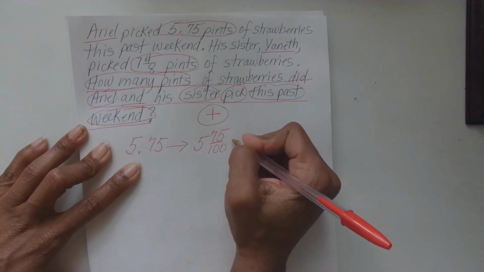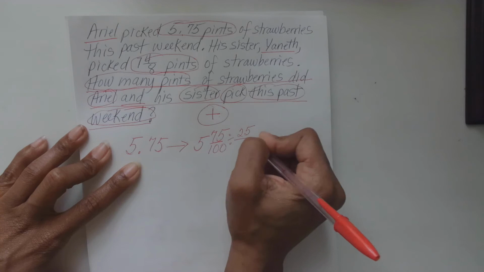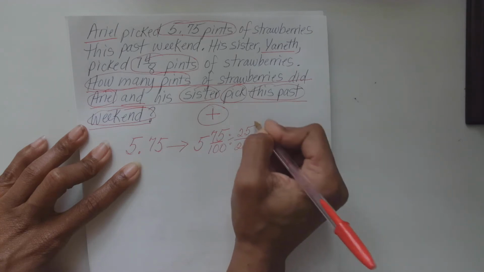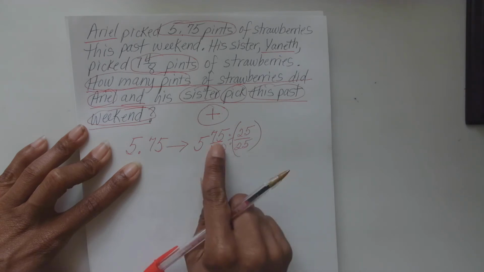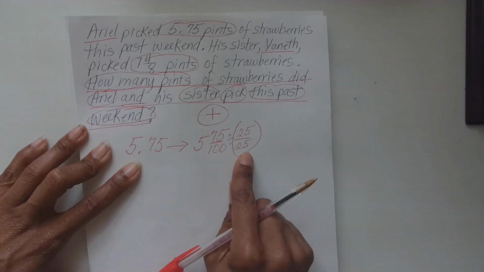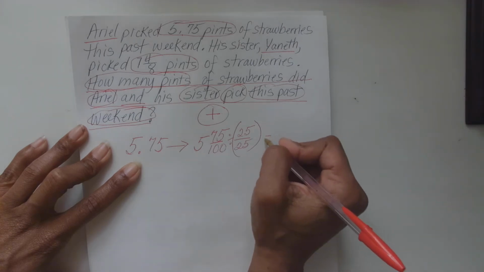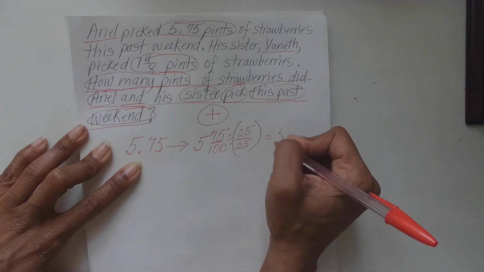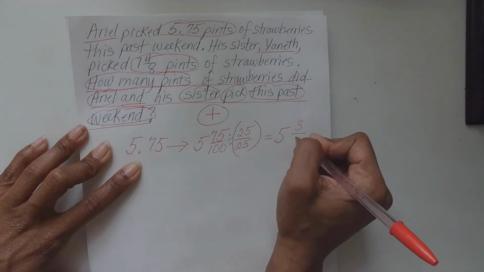The greatest common factor that they share is 25. So I can simplify this fraction by dividing by 25/25, which is equal to 1. And anytime you divide something by 1, you will get something equivalent. So if I divide this, I get 5 and 3/4.